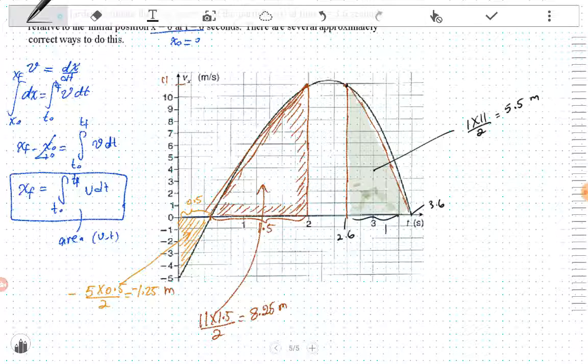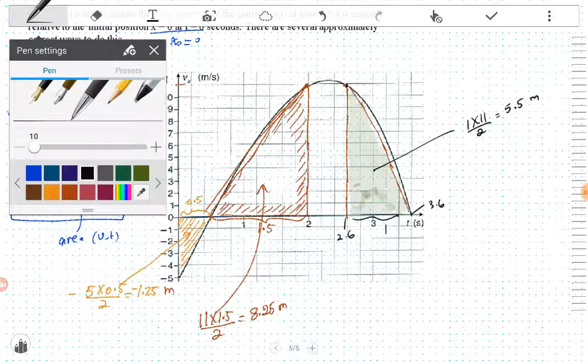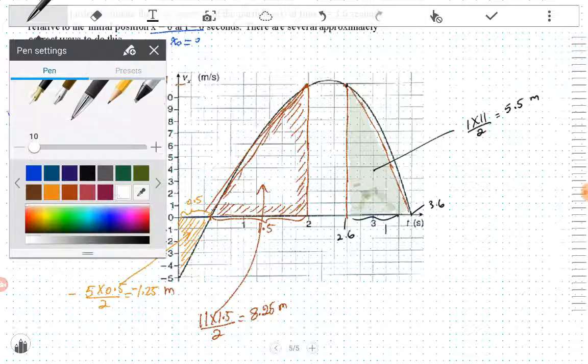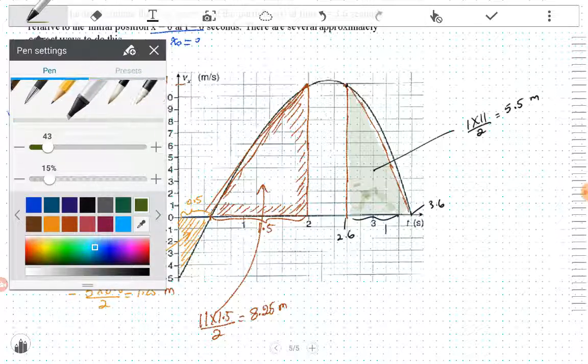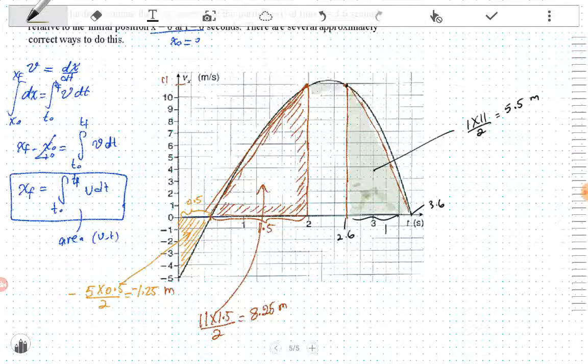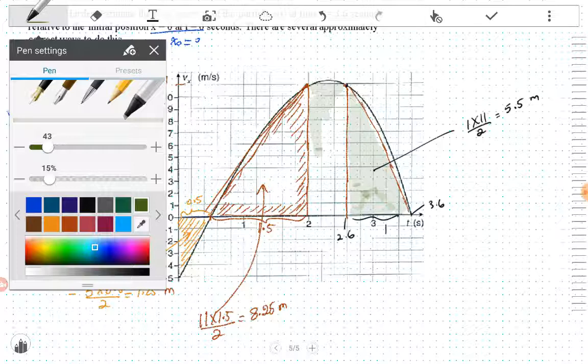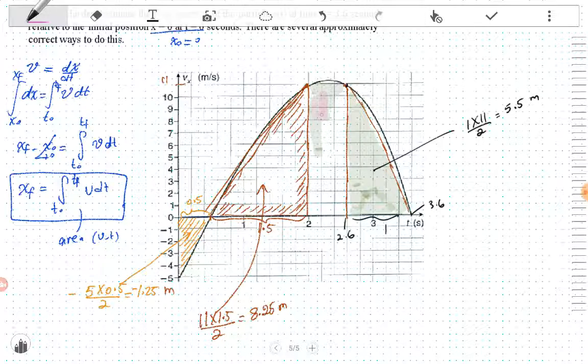So what's left? The triangle in the middle. Let's just do it. This triangle. Of course, we're not going to get the exact answer, but it's okay, it's an approximation. It will not be very far from the right answer.